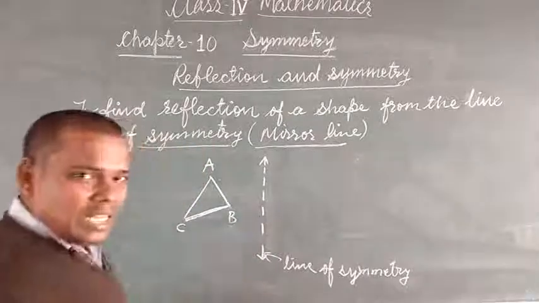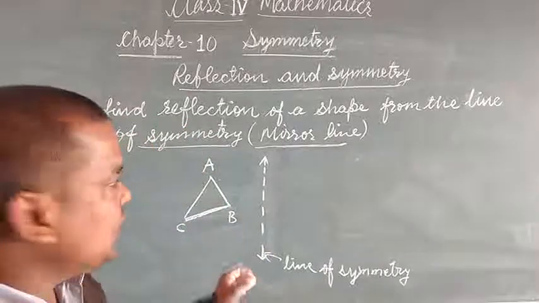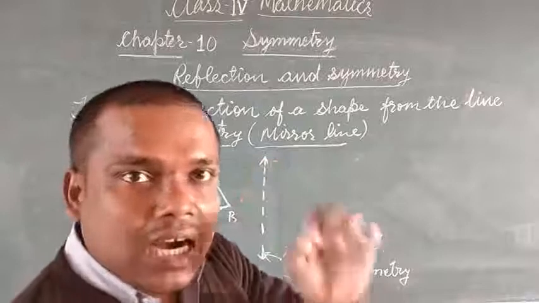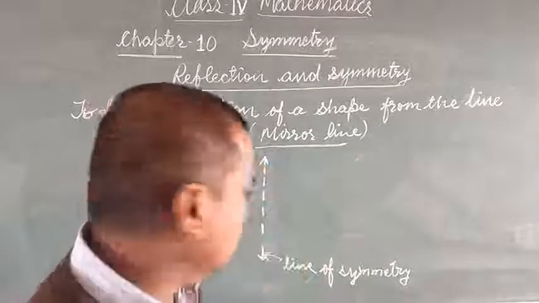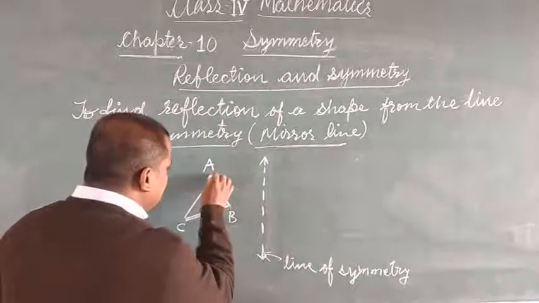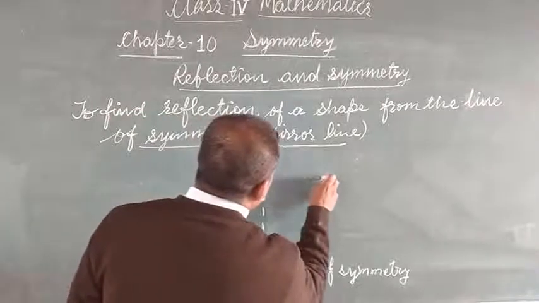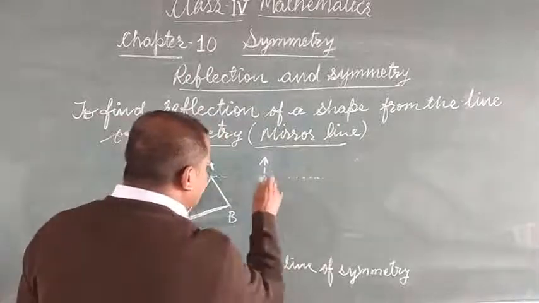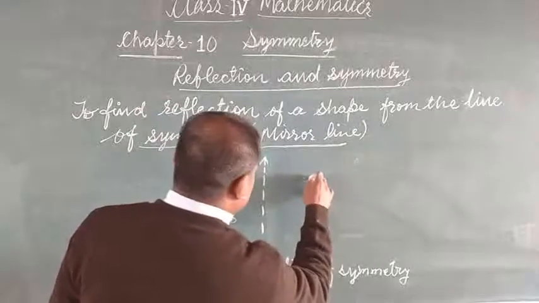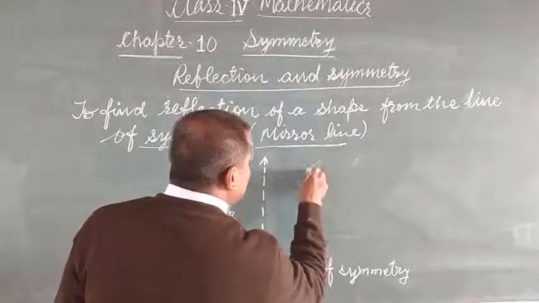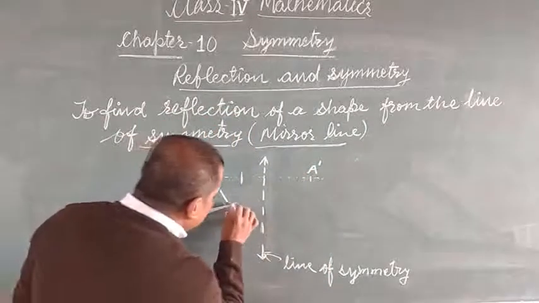Now, similarly, as we discussed in the previous topic, that we have to get the image of a point of reflection. So for this point A, we will draw a perpendicular line here. Now we will cut this much length on this line. So it will be A dash. Now we will again draw the perpendicular line here.